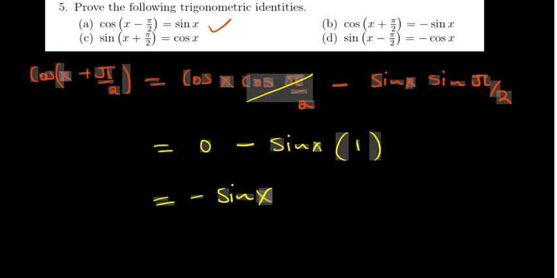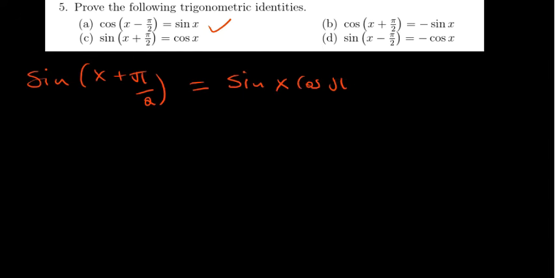Very simple, right? You can try out the remaining ones. For C, we have sine of x plus pi over 2. So sine shares. We have sine x, cosine of the other part. The sine maintains, and then sine can now apply to pi over 2, and cosine can now apply to x.